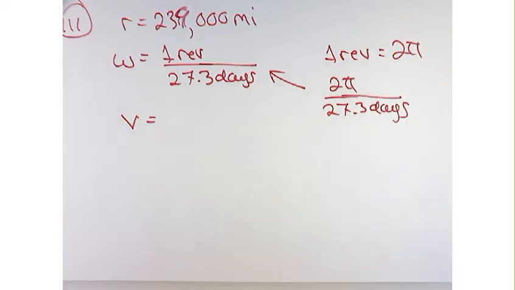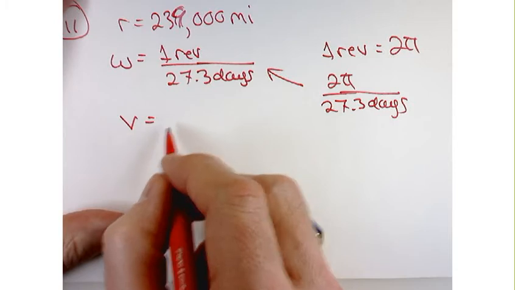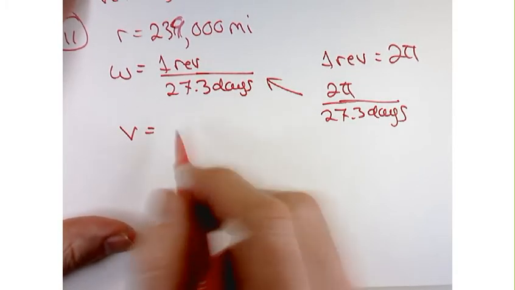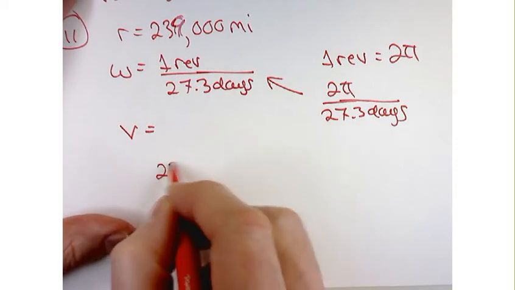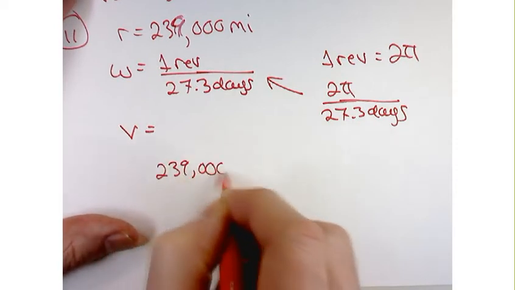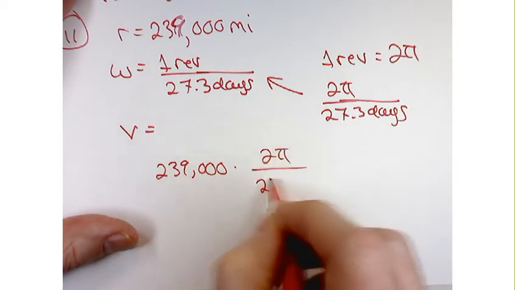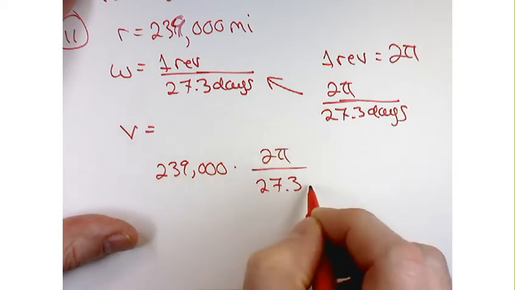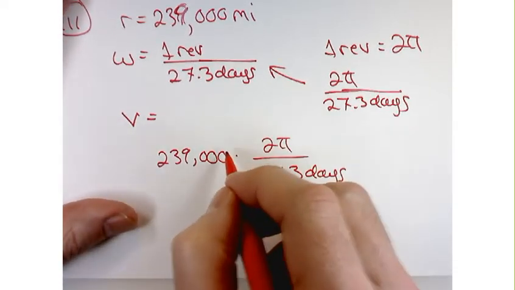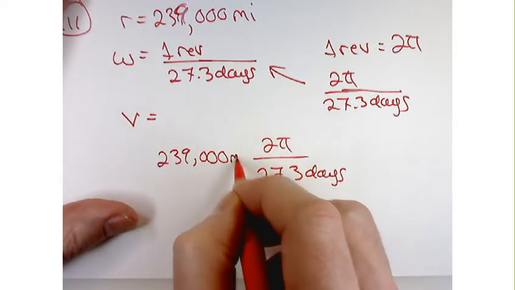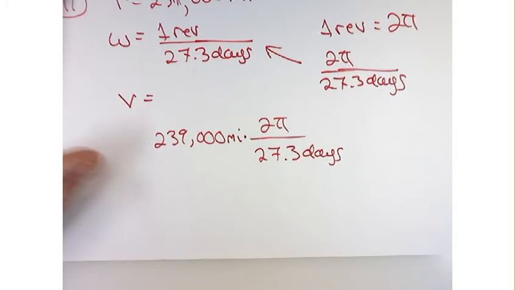Now to figure out the linear speed, we want to take 239,000 miles and multiply it by omega. So V is going to be 239,000 times 2 pi over 27.3 days. I should probably put in miles here. Keep track of our units.